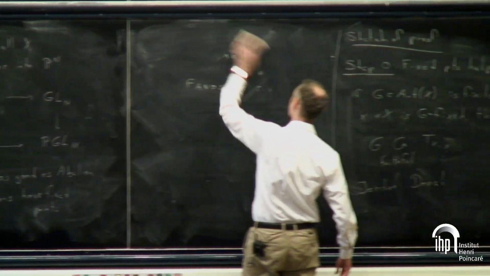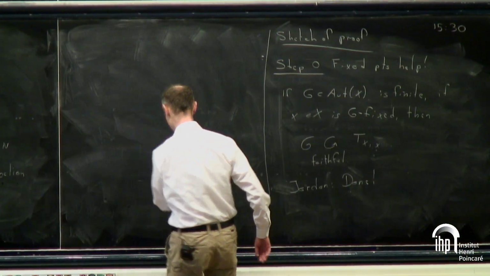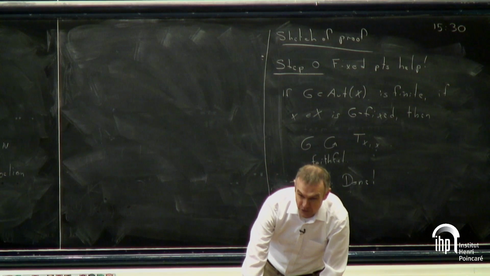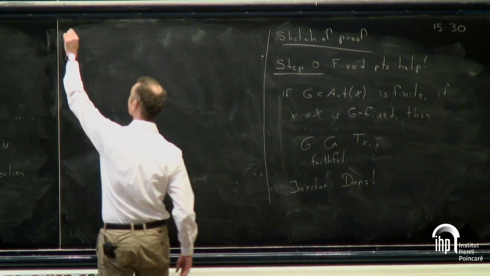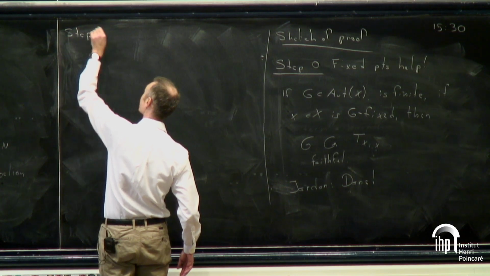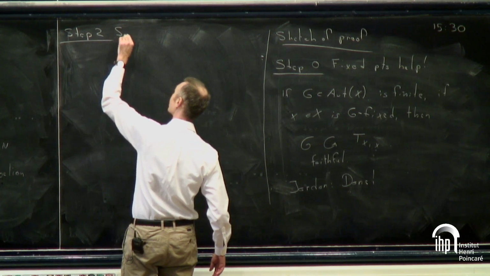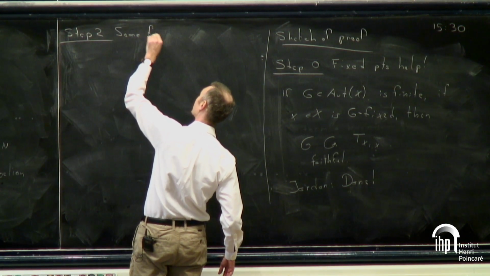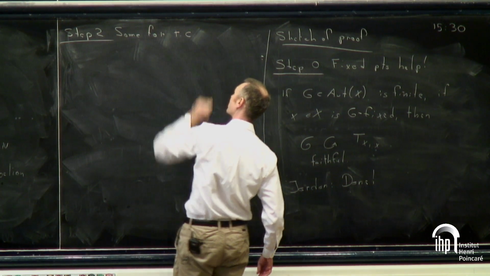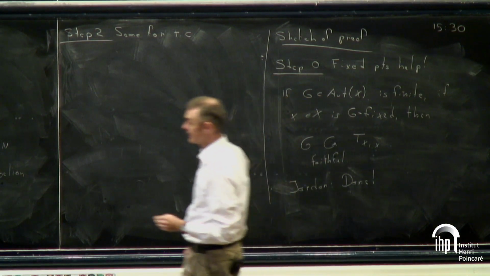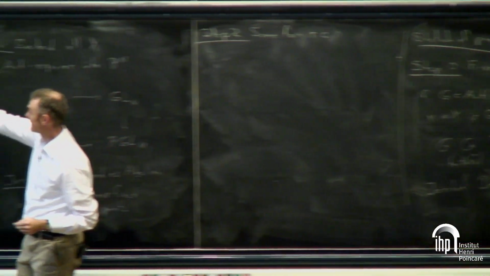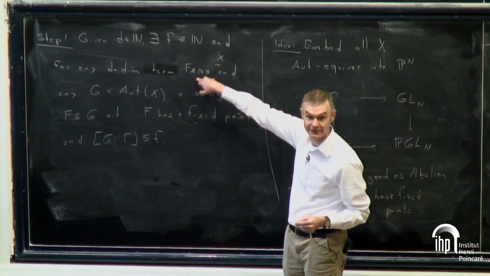So this is how I would like to find fixed points for Fanos, but this is not yet quite what we need. So step 2 is the same for rationally connected varieties. I would like to extend that result, replacing Fano by rationally connected.